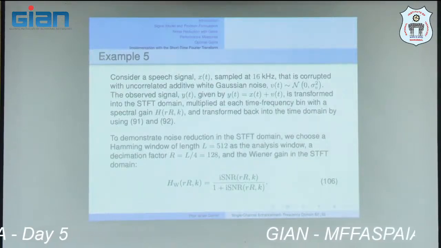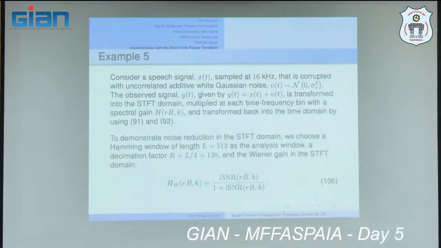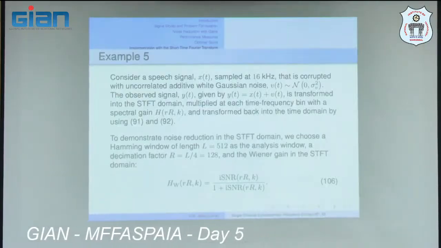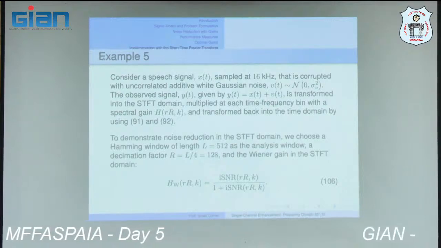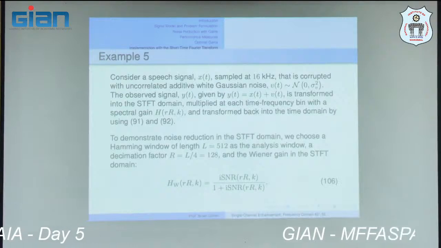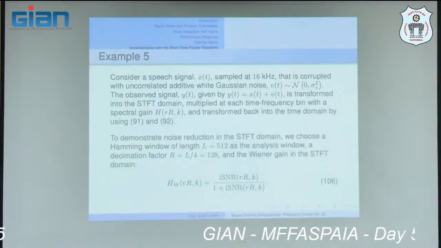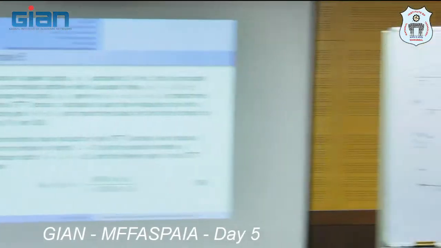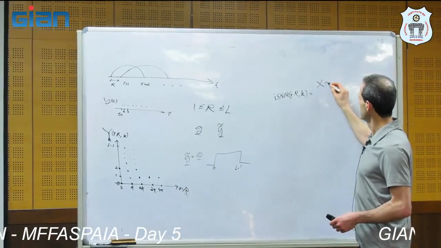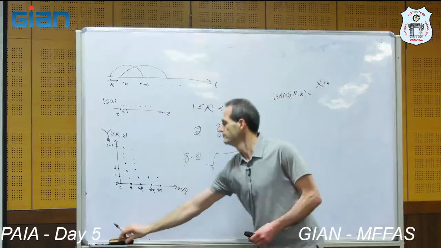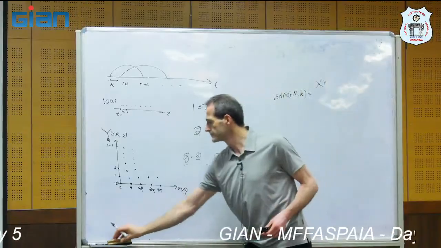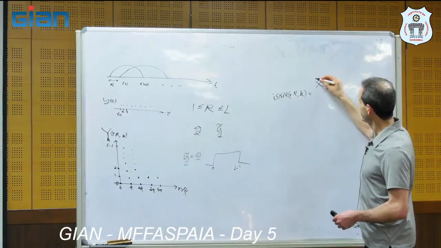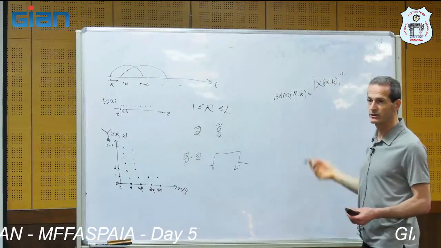So first, what you can do at home, you can take the code and try to put the input SNR for time frequency bin R and K. Suppose that I take something like an instantaneous input SNR: in the STFT domain I take X(R,K), the time frequency representation of the clean signal, and take its magnitude squared without expectation, because I don't have it.